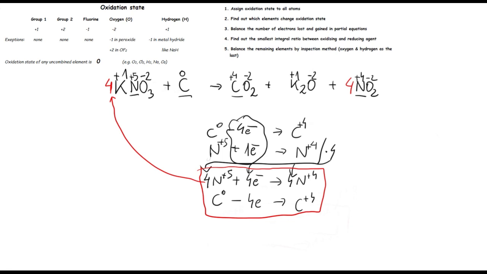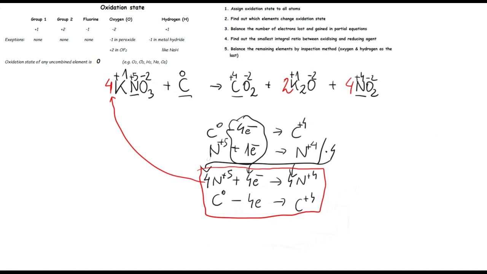And balance the remaining elements by inspection methods. So we know that the oxygen and hydrogen we do last. So first we have potassium. Here we have 4 atoms of potassium on the left side, and on the right side only 2. So to get the 4 on the right side, we need to put the 2 here.